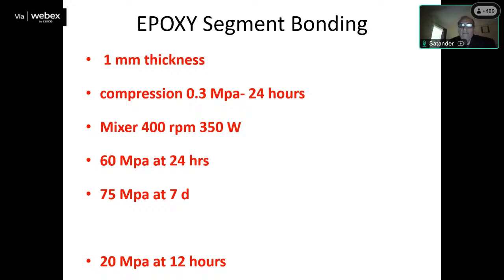Or as a simple way, take a broken beam and join it with the epoxy. After 3 days, if you do the beam testing, it should not fail at the point of the repair. It should fail somewhere else. Otherwise, its strength is not more than 40 MPa. This way also we can check.